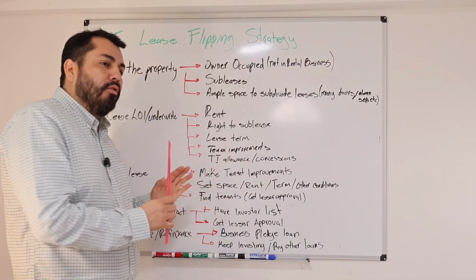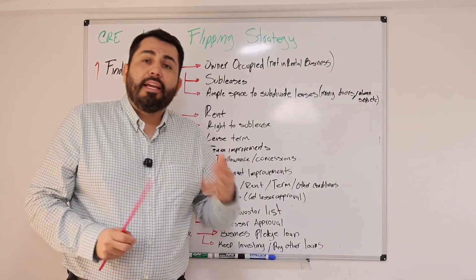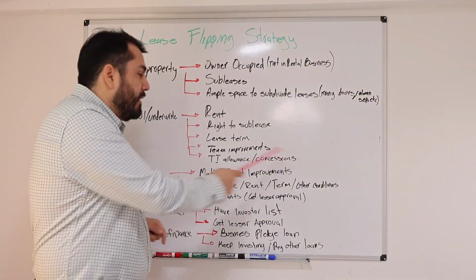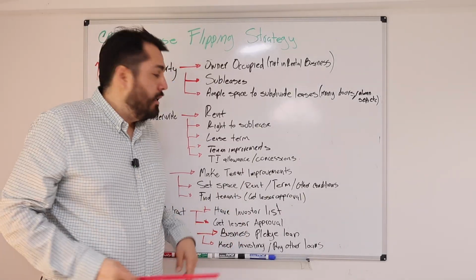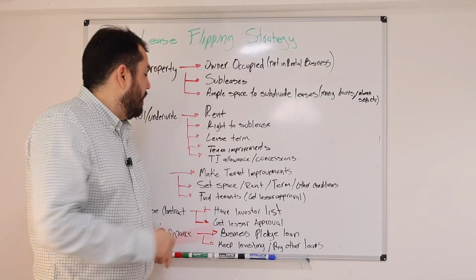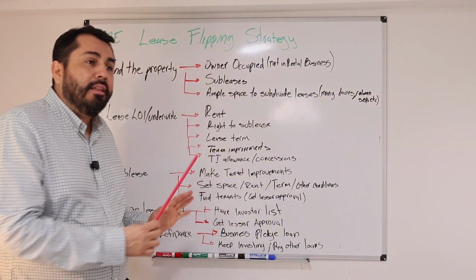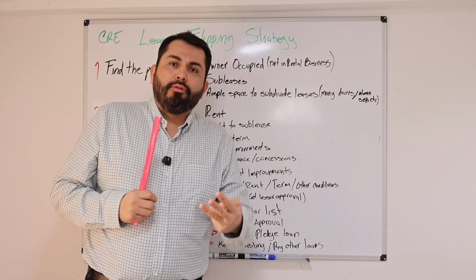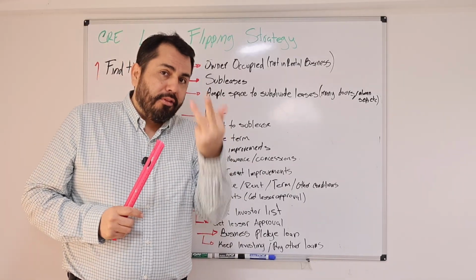Or you may negotiate that the lessor or the owner will give you, let's say, the first 3 rents. While you make the tenant improvements, he will not charge you for the rents for the first 3 months, the first 3 rents, while you are making the tenant improvements. Or maybe you negotiate, you will pay those 3 rents, but you will not pay it in the first, second, and third month.